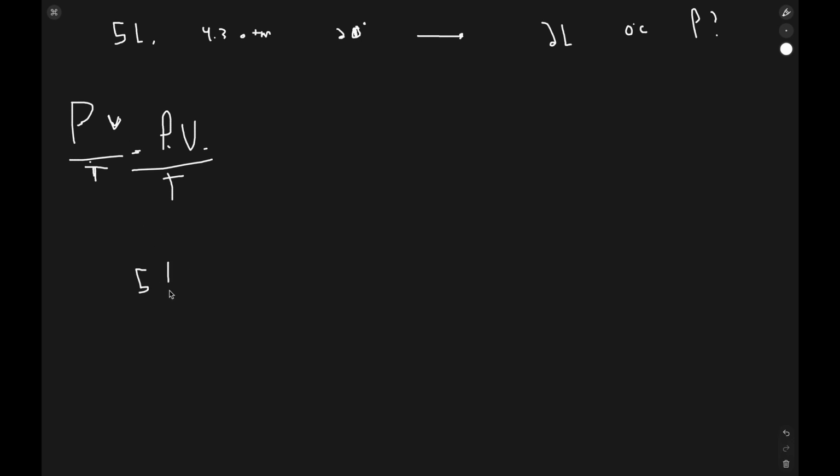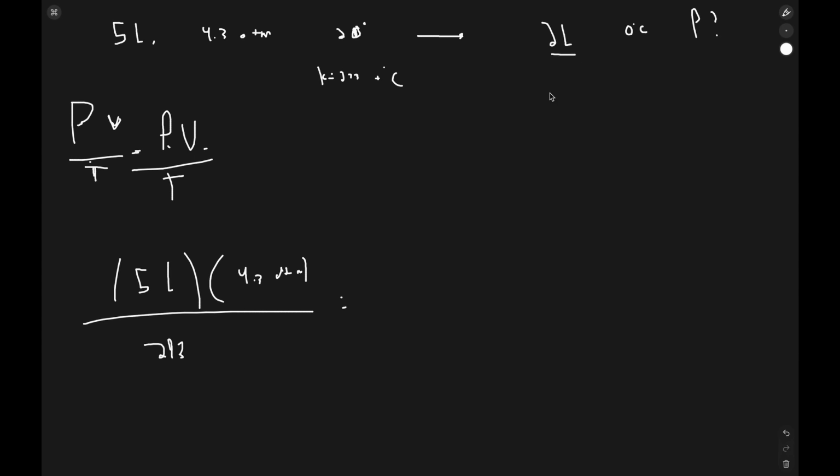If you have 5 liters times 4.3 atmosphere divided by 293 Kelvin, because remember that Kelvin equals 273 plus your degrees Celsius, 273 plus 20 is 293, and that equals 2 liters times pressure, which we're solving for, divided by 0 degrees Celsius, which is 273 Kelvin.